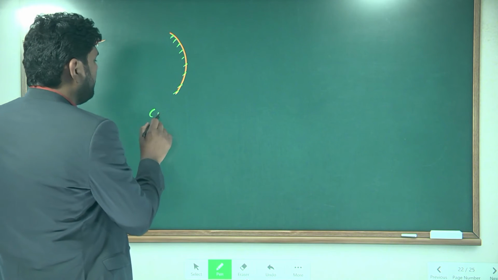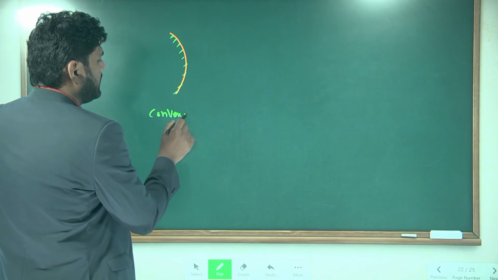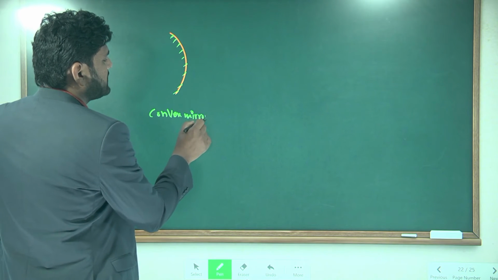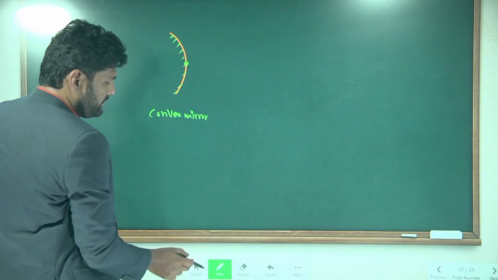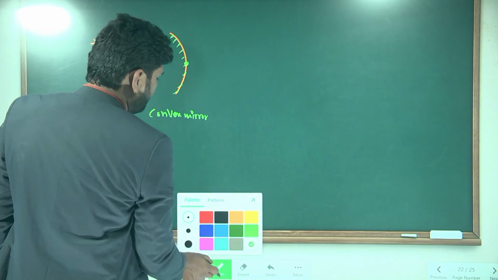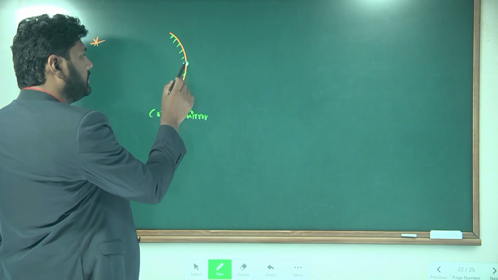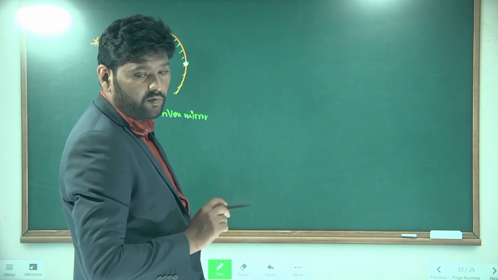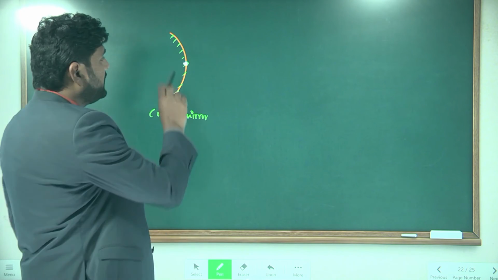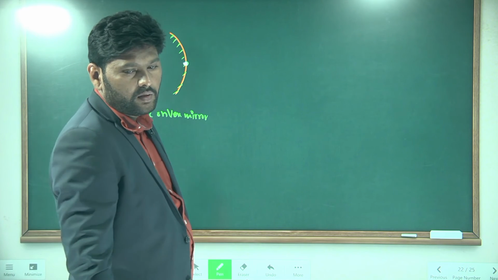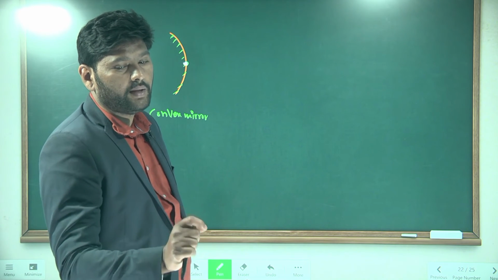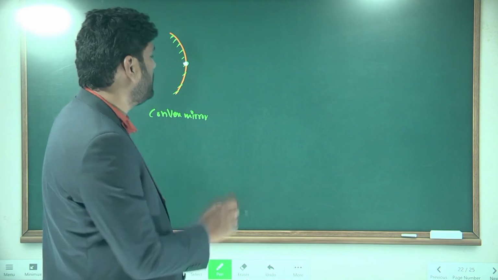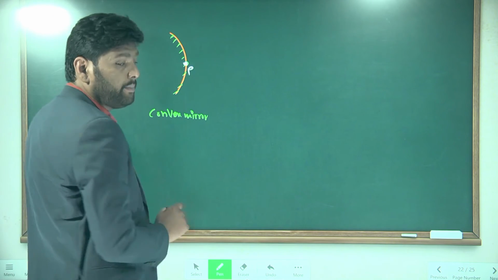Very good. Convex mirror. Now can you guess what is the name of this point? This is actually the midpoint of the mirror. The midpoint of the mirror is known as a pole. So this is the pole of the mirror.